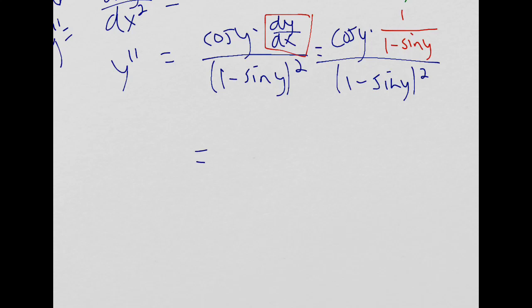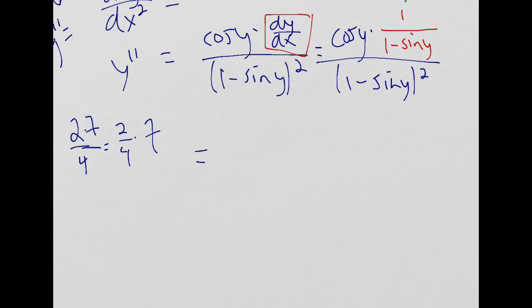So I'm going to take that red fraction and move it to the outside of the upper fraction. For example, if I had 2 times 7 over 4, I could write that as, this is a bad example, but I'll do it anyway, 2 over 4 times 7.